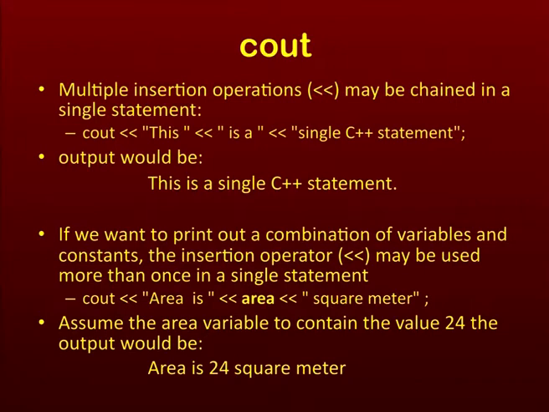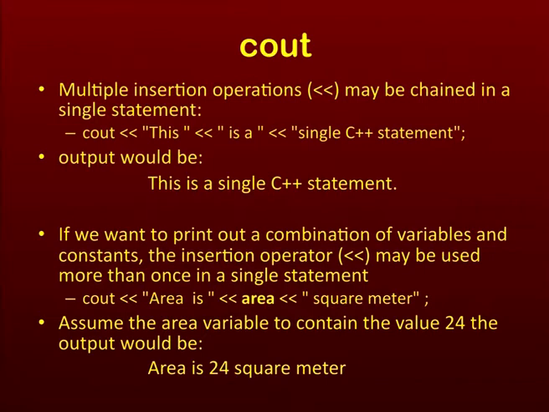As you can see in the example, cout << "Area is " in quotation marks because it is a text, << area << " square meter". Here area is a variable. Suppose we assume that the value of area is 24, then the statement will print as Area is 24 square meter, because the value of the variable area is 24 we have assumed.